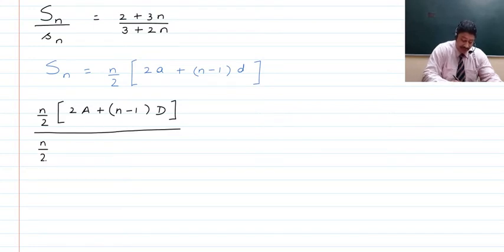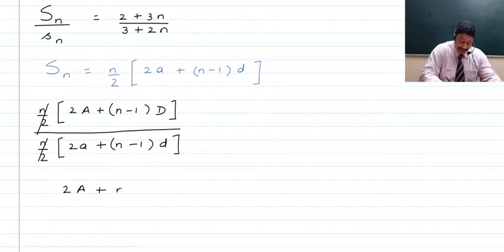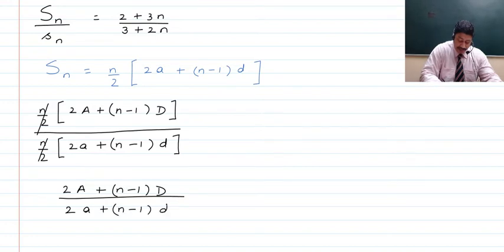As such, we have n upon 2 times (2a plus n minus 1 times small d), and here we see that n upon 2 will get cancelled from the numerator and the denominator, and we will be left with 2 times capital A plus n minus 1 times capital D, divided by 2 times small a plus n minus 1 times small d.